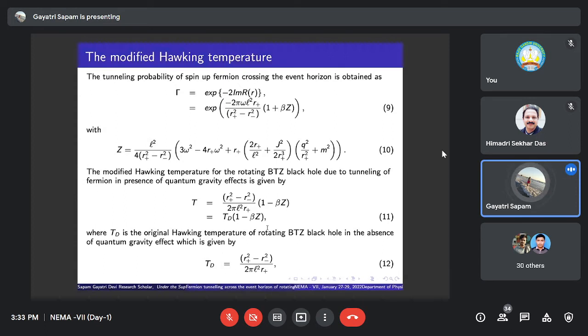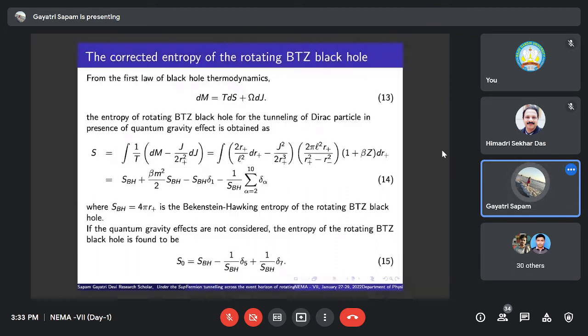And by using the temperature, we can get the entropy correction also. By using the first law of black hole thermodynamics, we calculate this entropy, and the entropy results out to be equation 14. Here there are factors like delta 1 and delta 2 up till delta 10.